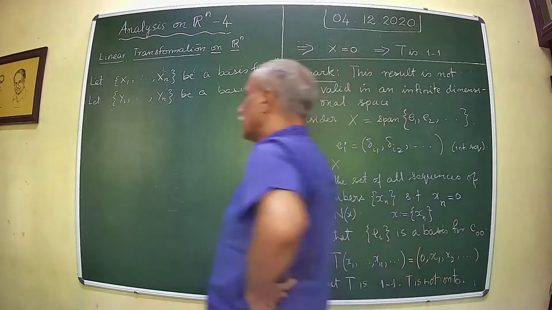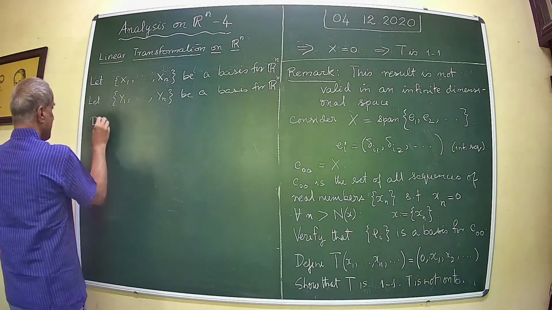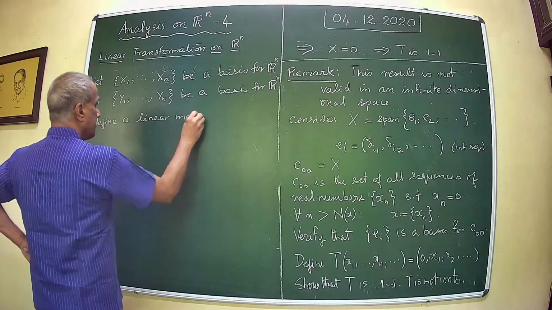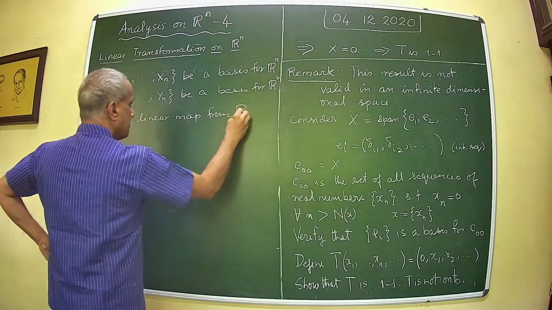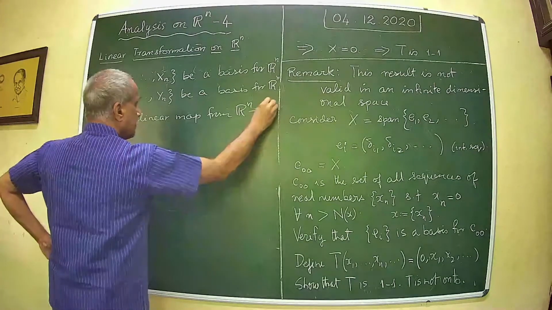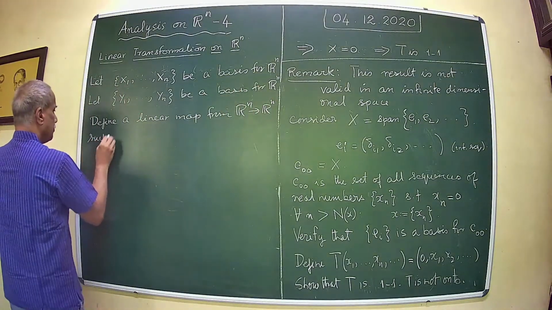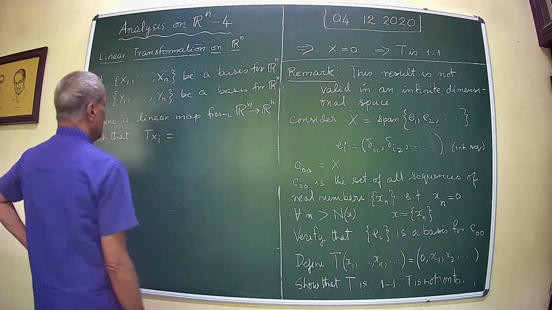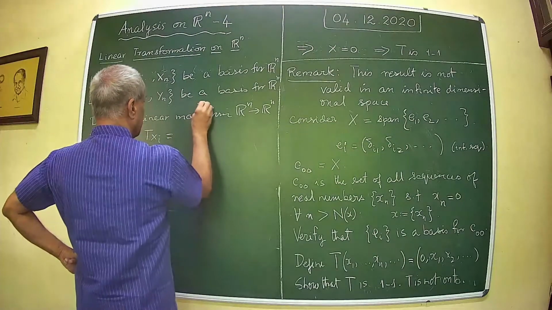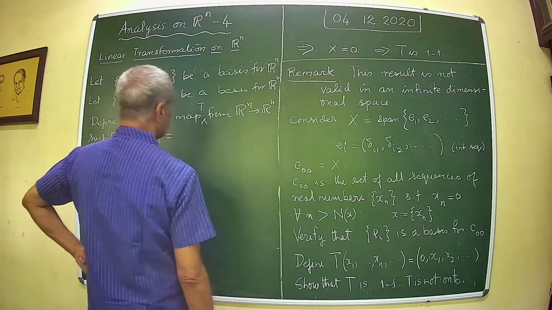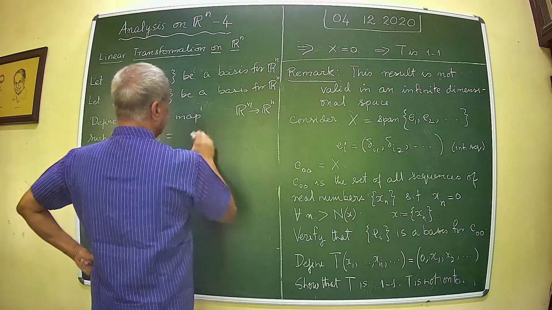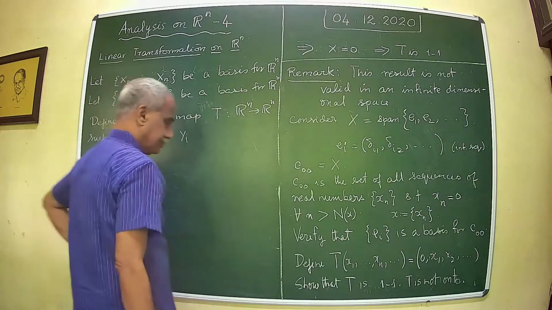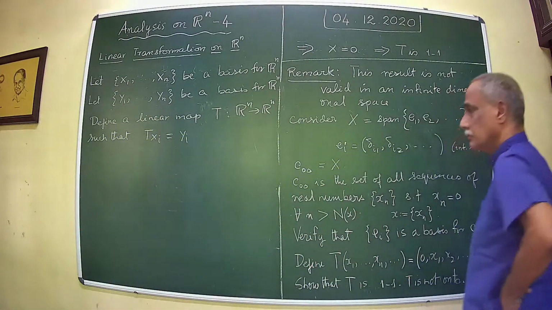Now define a linear map T such that Txi equal to yi.